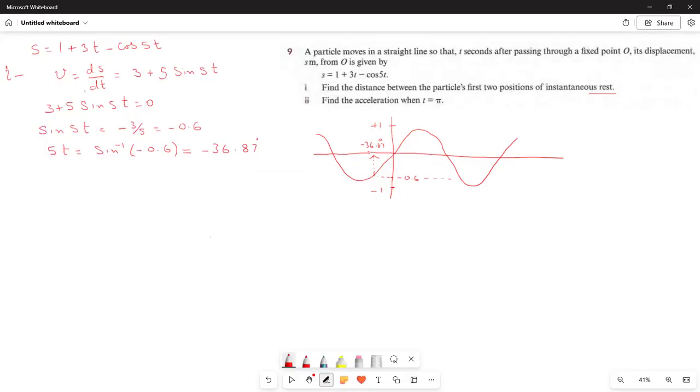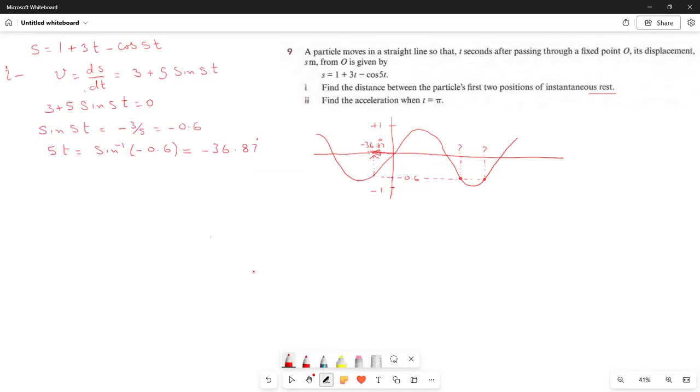For me, the important one is this one, when the sine first becomes minus 0.6, and the second point is this one. These are the 2 points where I want to find the value of 5t. Now, this minus 36.87 is 36.87 from 0 in this direction.